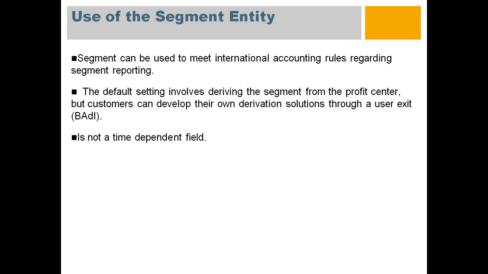Even though they're an oil and gas company, if 20% of the business is coming from real estate or medical devices or finance, they are required to maintain the books at the segment level. And the new GL allows you to maintain the books at the segment level.